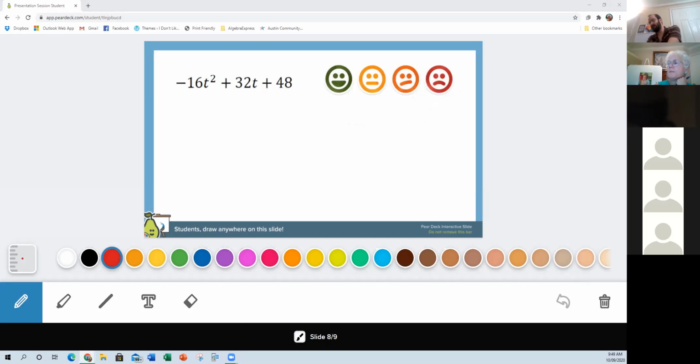Big hint here. I think we have done some like these, but when you factor out a GCF on one like this, make sure you factor out the negative as well.